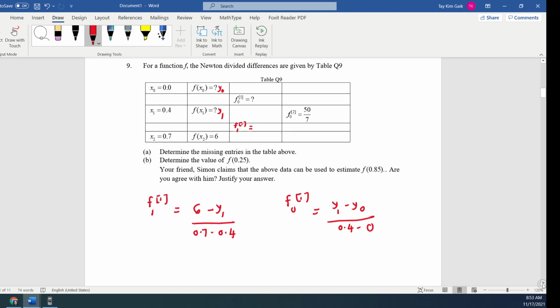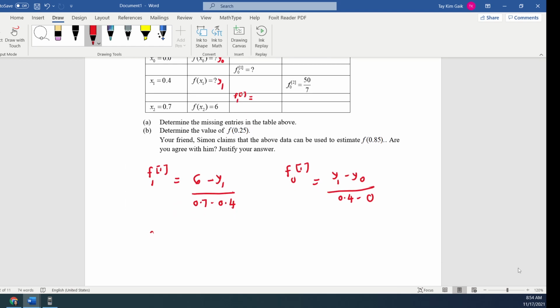Let me calculate here. f02 will be your f11 minus f01. The f02 denominator is x number 2 minus x number 0.